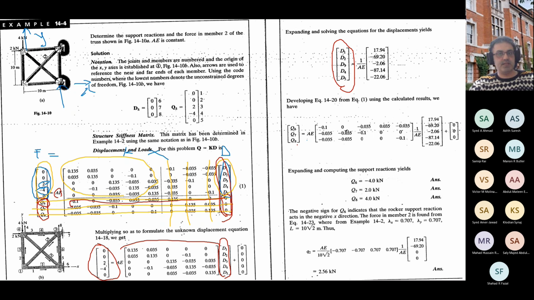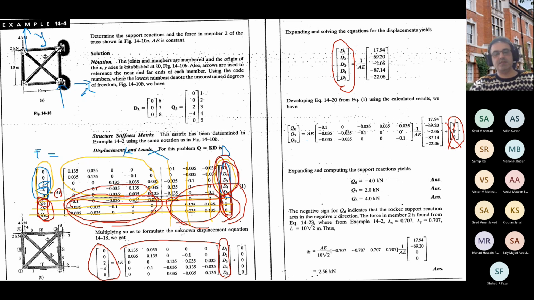Q6, Q7, and Q8 are this part of the matrix multiplied by this part, plus this part of the matrix multiplied by these 0, 0, 0, which is not important. So forget about this, and Q6, 7, 8 is really just this part multiplied by this.